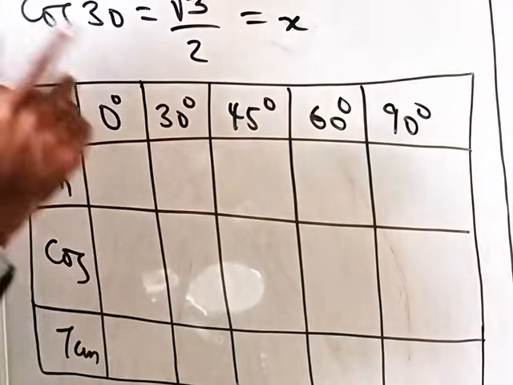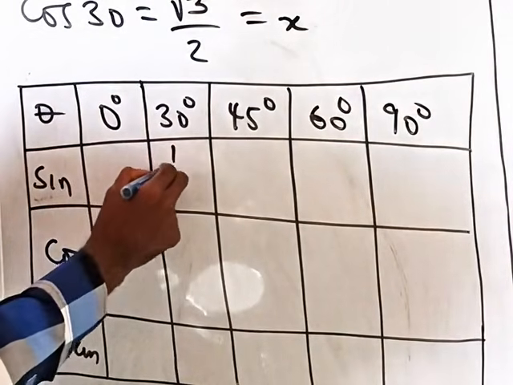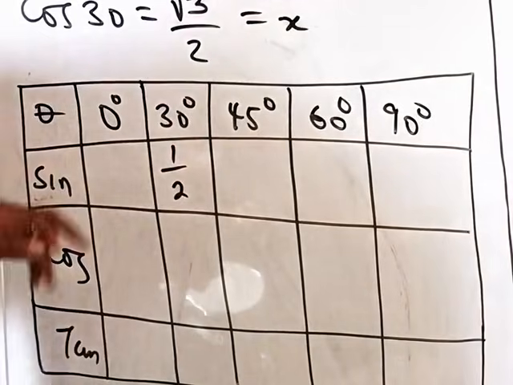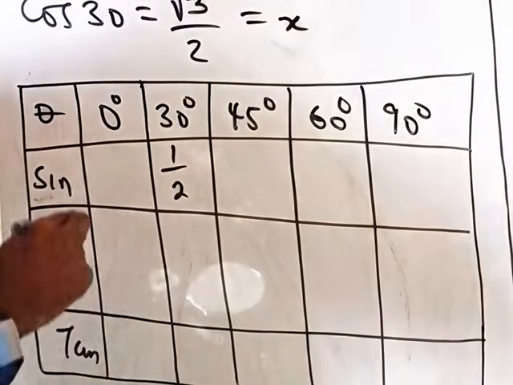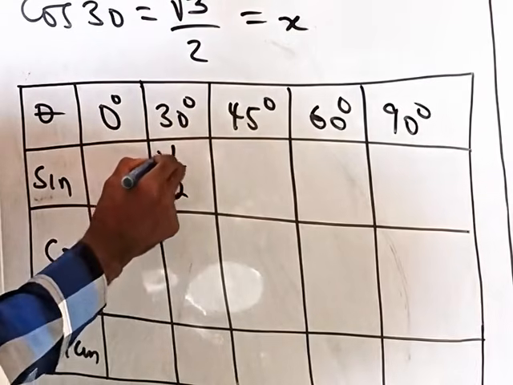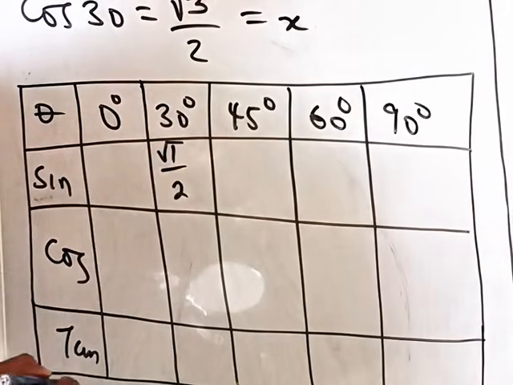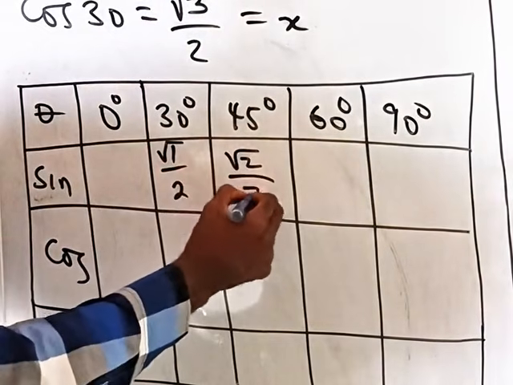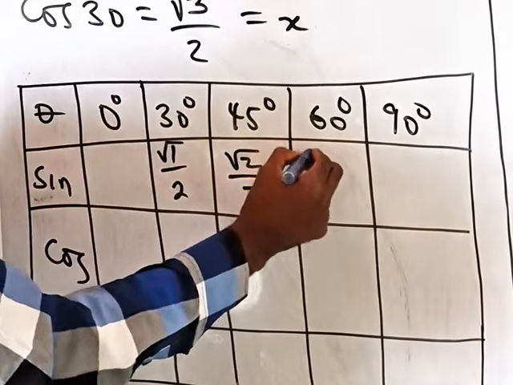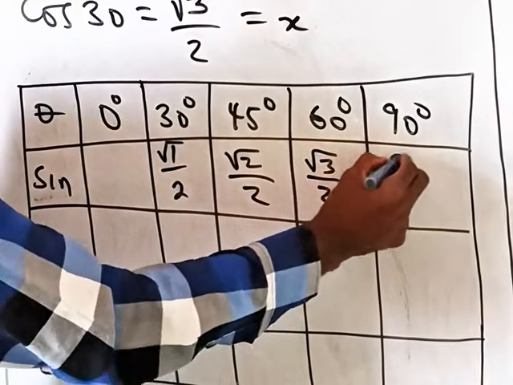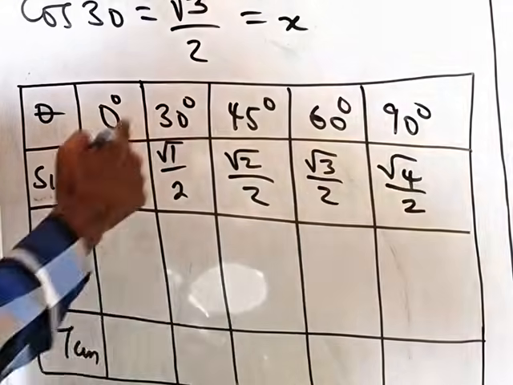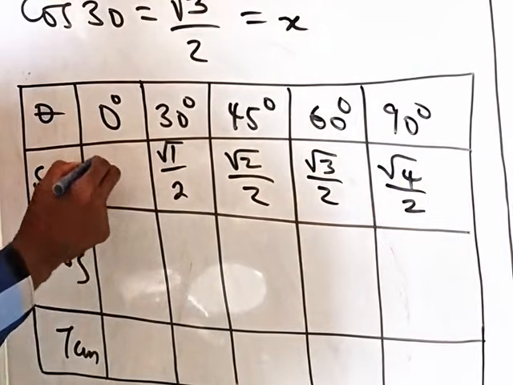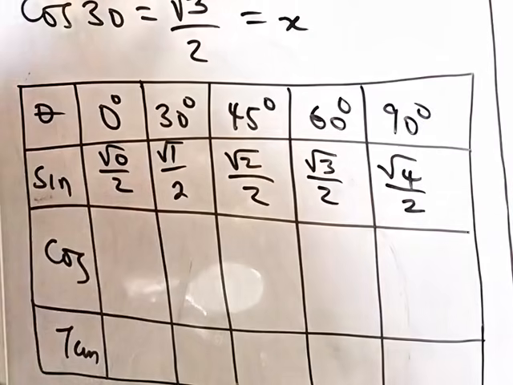Now, your sin 30, that's the only one you need to master, is 1 over 2. So all you just need to do is put root on this one, square root of 1 over 2. So here, just put root 2 over 2. After 2, what's next? 3. Root 3 over 2. Root 4 over 2. Then what you have before 1 is 0. Root 0 over 2. That is it.